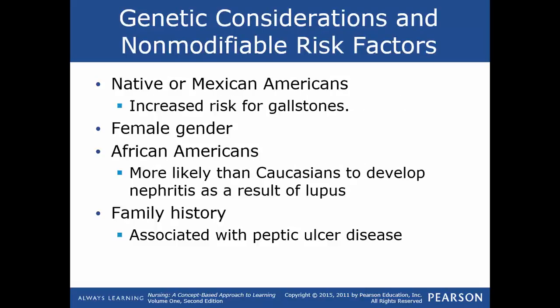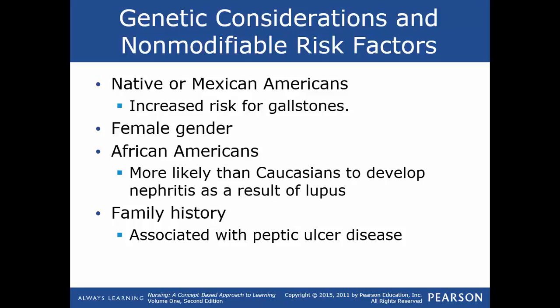Alright, so some of your non-modifiable risk factors. Your Native Americans or Mexican Americans tend to have an increased risk for gallstones. Family history and female gender also play a role in risk for gallstones. Your African Americans are more likely than Caucasians to develop nephritis as a result of lupus.